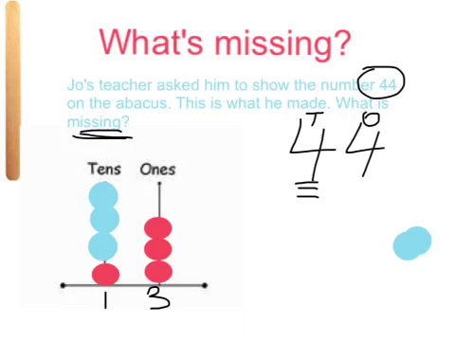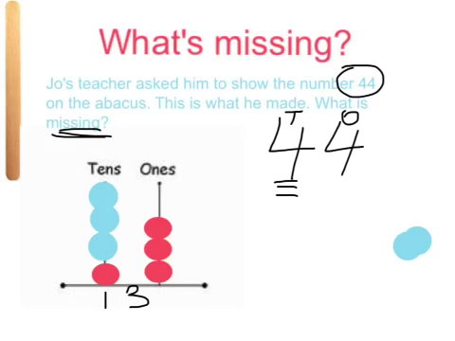So now we have 4. And now, how many more ones do we need? So we need to have 4. And at the moment we've got 1, 2, 3. So how many more do we need? We need 1 more.